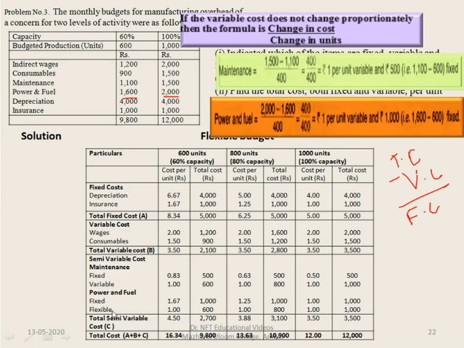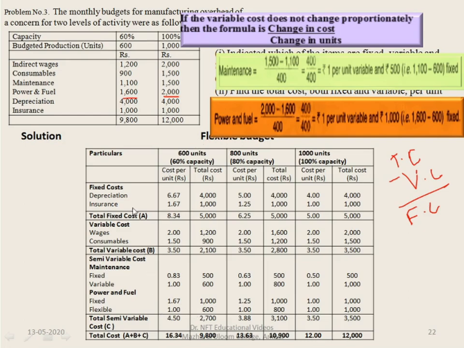Then find out the flexible cost. In case of flexible cost, the cost is 1 rupee per unit, and your per unit cost remains constant at all levels of activity. So 1 rupee, 1 rupee and 1 rupee. Multiply 1 with 600 units, 1 with 800 and 1 with 1000, and you get the flexible cost.